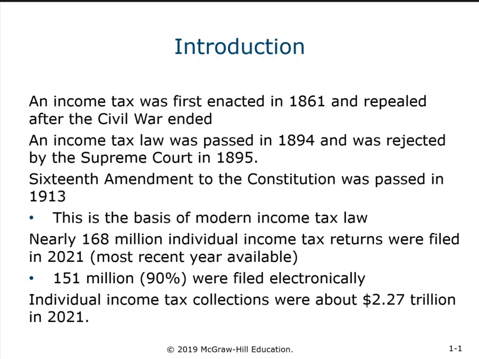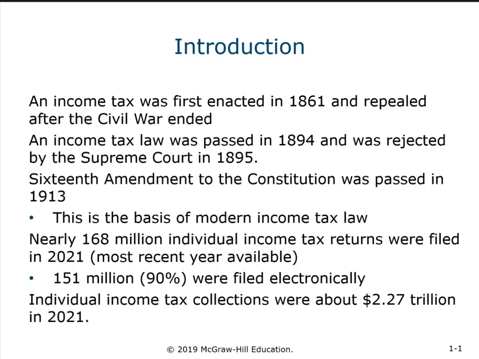151 million of those were filed electronically. IRS greatly encourages electronic filing. It's so much easier for them to process if it comes in electronically. And that's about 90% of them. And it's actually been higher. 2021 was actually a dip down in the percentage, at least.